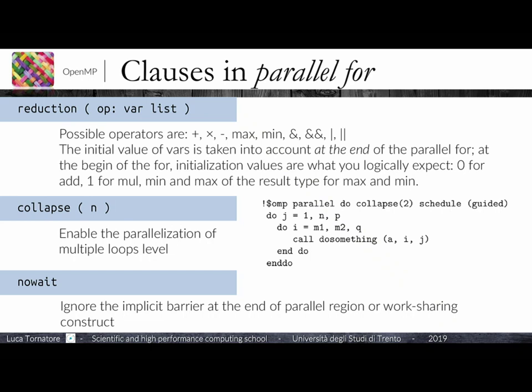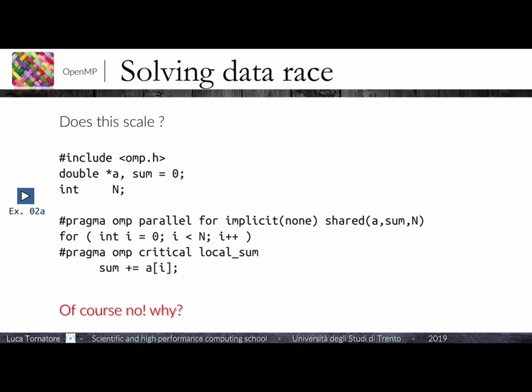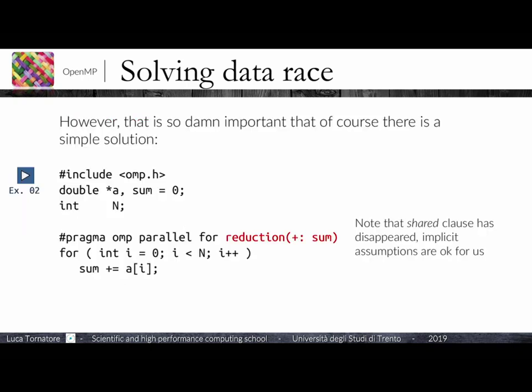So if you have the reduction plus, the summation could have had some initial value; it is added at the end, not at the beginning. The same is true for the minimum and maximum and so on, just a detail. So here we have solved the problem, and you have in this respect exercise 2.